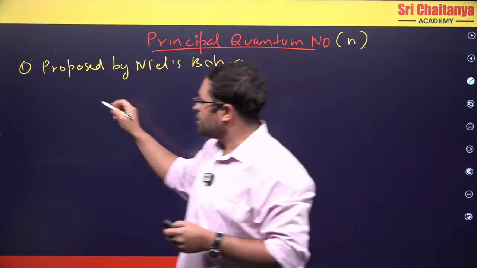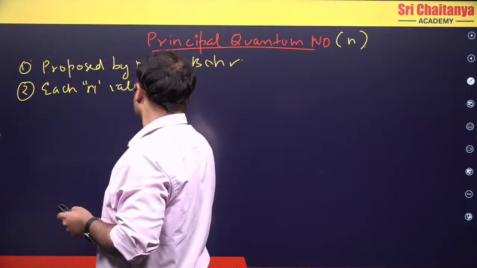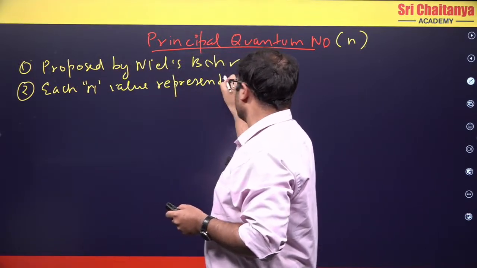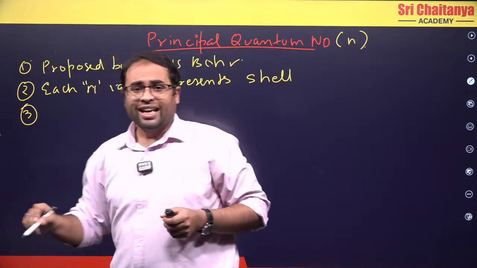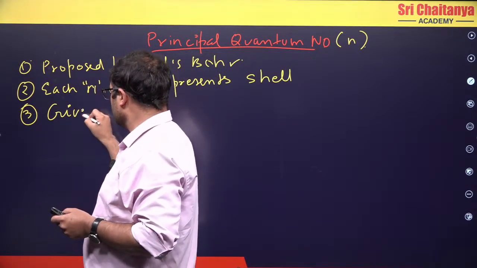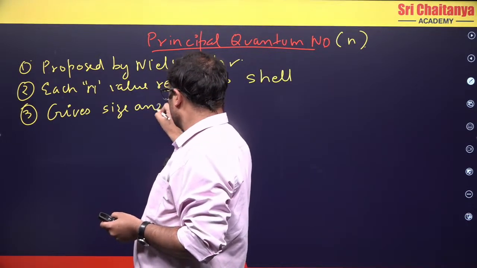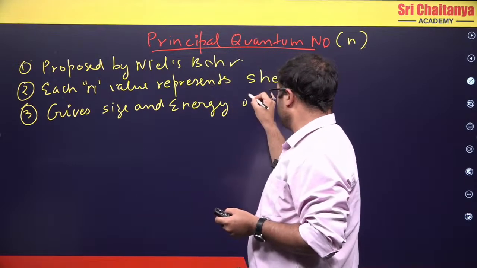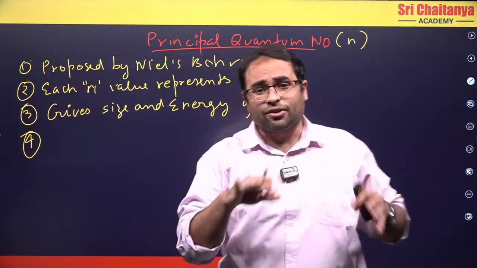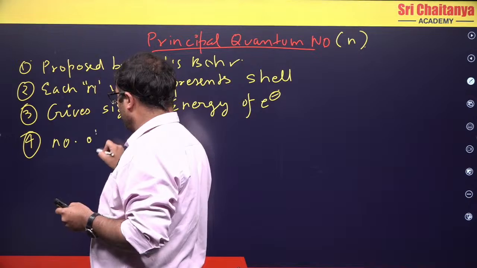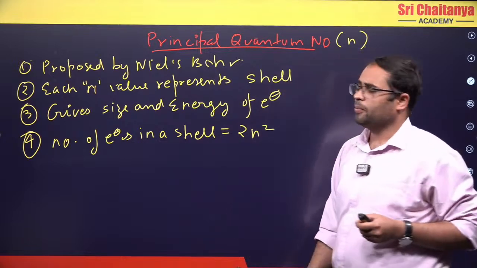Second, each n value represents a shell. Third, it gives the size and energy of the electron. Fourth, the number of electrons in a shell is given as 2n square.